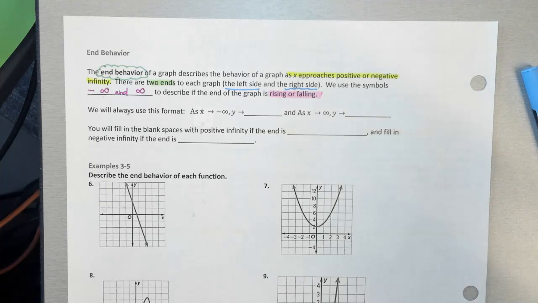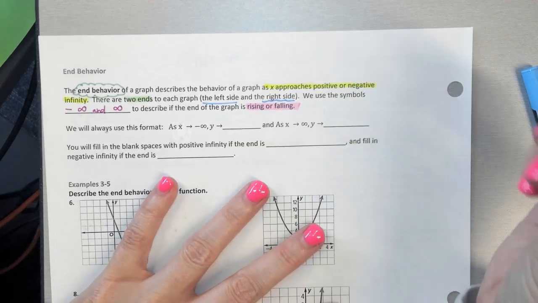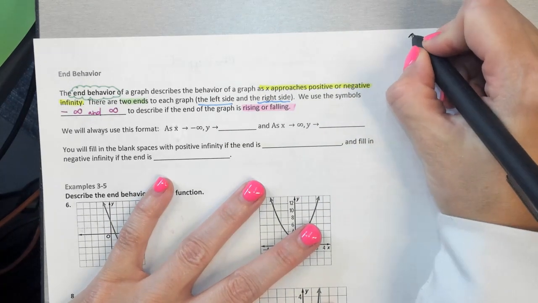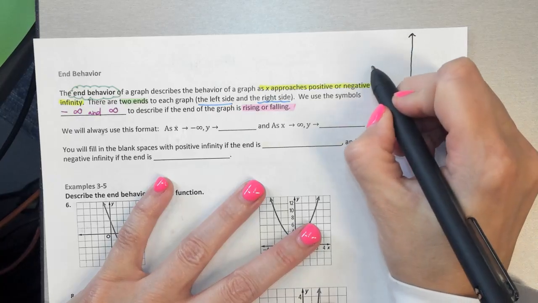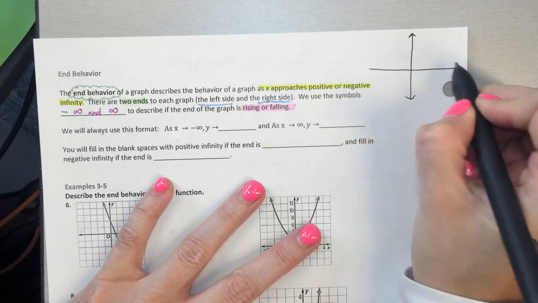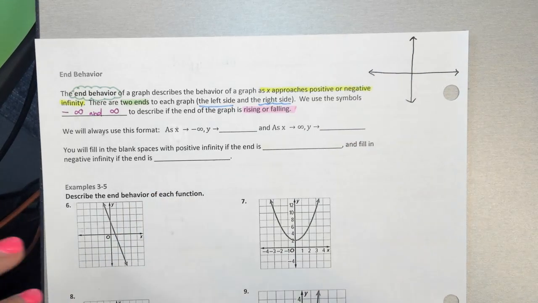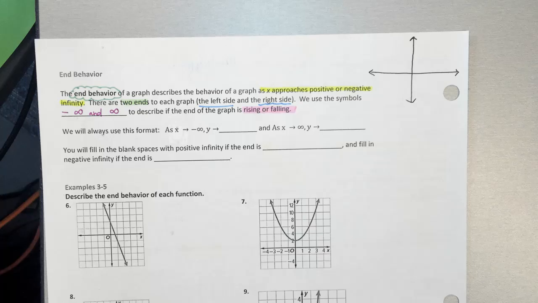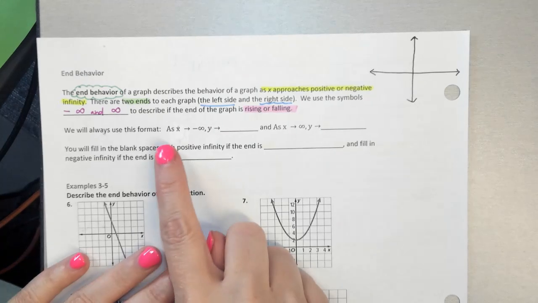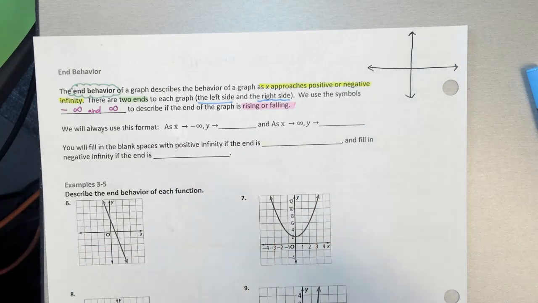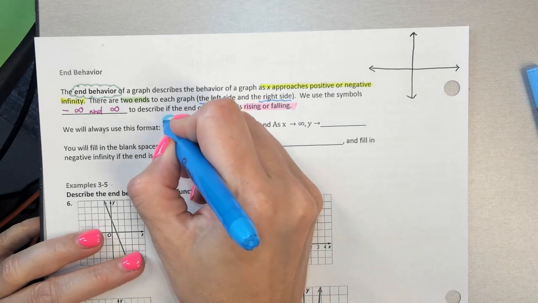So we use the symbol infinity for x and for y, and we use the symbol negative infinity for x and for y. So they mean two different things depending on what part of the statement you are writing. So you are always going to use this format. We're going to put this in a happy cloud here.